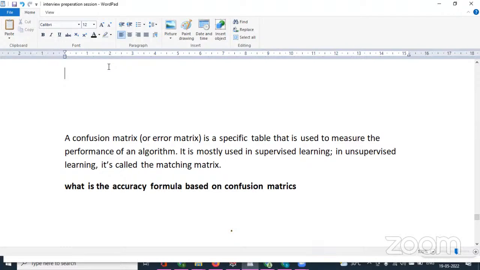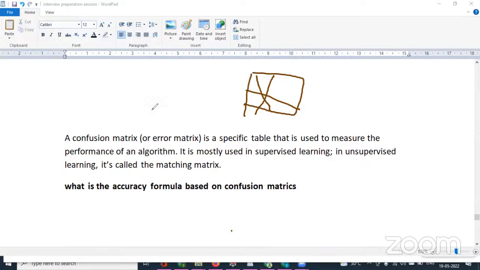Yeah, Vaibhav, you can say it is the sum of the diagonal elements, but which diagonal elements are we considering? See here, both can be considered diagonal elements, right? Which one are you considering?